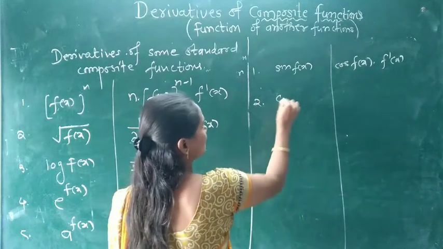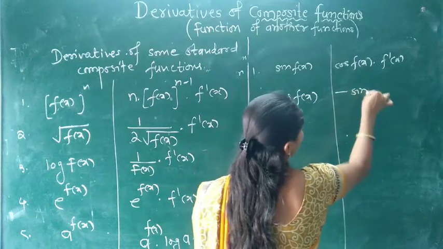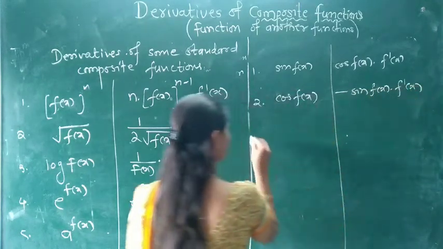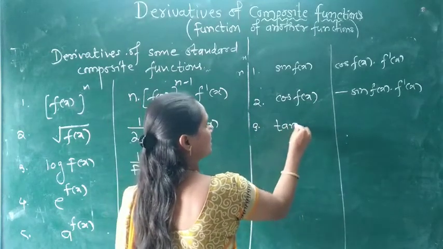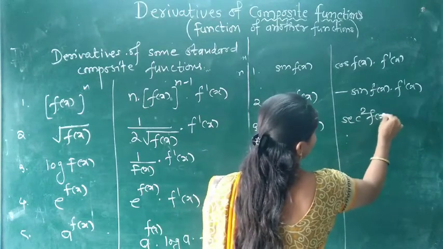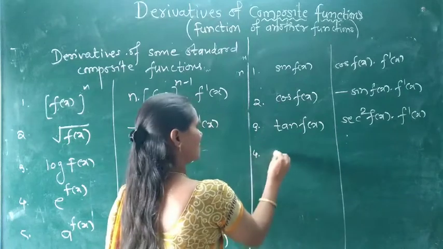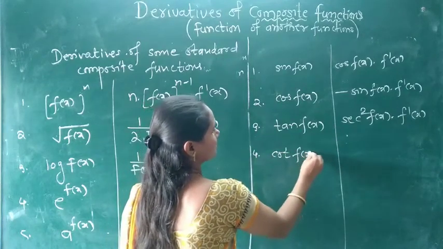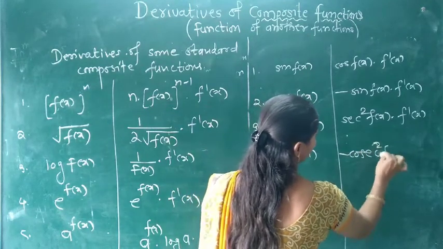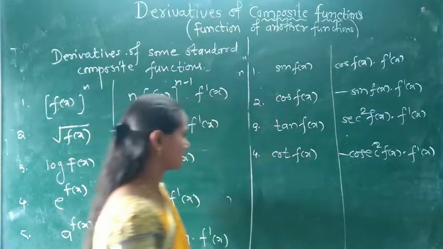Next one, cos f of x, the derivative is minus sin f of x into f dash. Third one, tan f of x. So derivative is sec square f of x into f dash. Derivative of cot f of x is minus cosec square f of x into f dash of x.